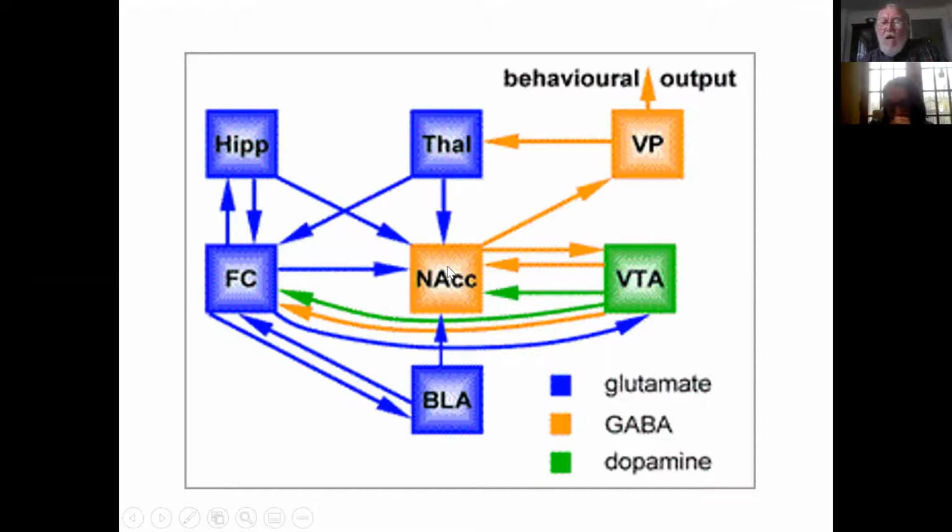The nucleus accumbens, because it's connected to the ventral pallidum through a GABAergic input, inhibits the ventral pallidum. So what is it doing? It is disinhibiting behavioral output. So now, when the nucleus accumbens is active, it is producing an inhibitory effect on an inhibitor of behavioral output, thereby allowing a gate through which the behavioral output goes. So now the animal goes and behaves.